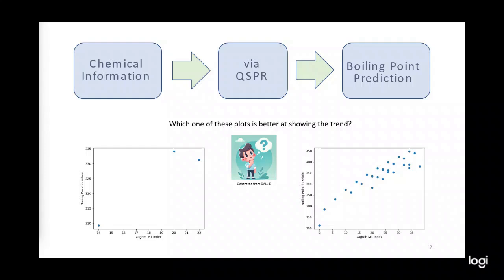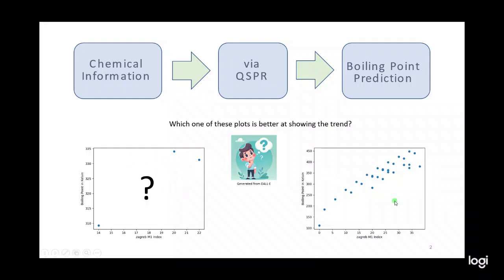Let's ask ourselves an important question: which of these two plots better illustrates the trend? The plot on the left may suggest a linear trend, but there is significant uncertainty about what happens in the middle region of the plot.